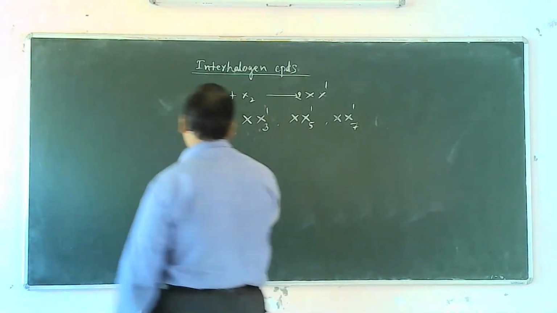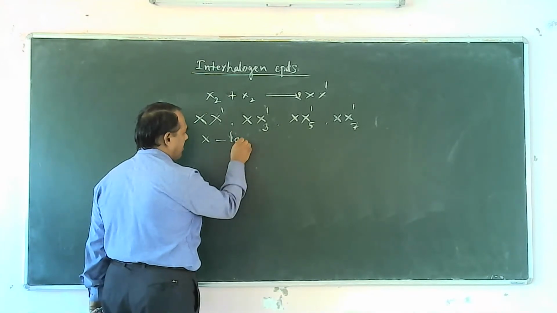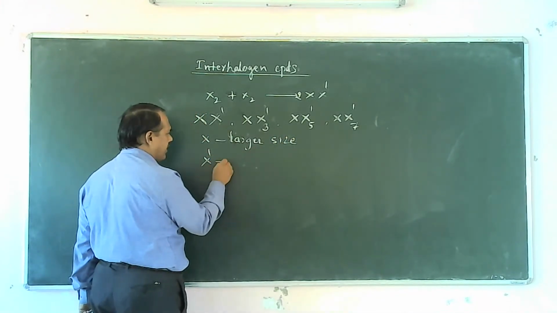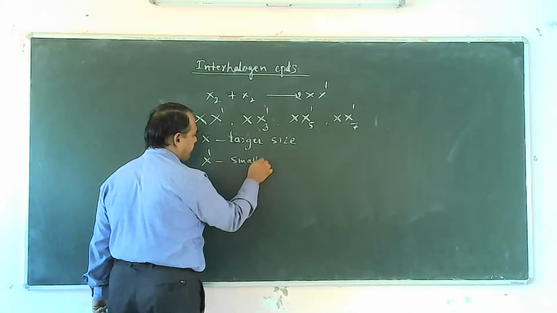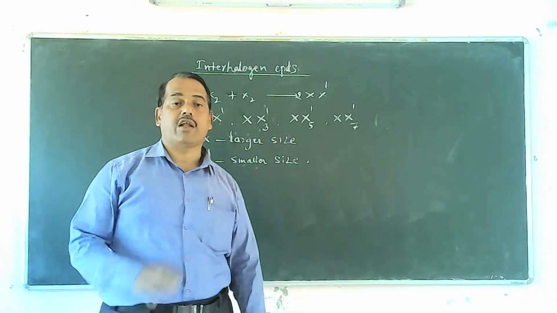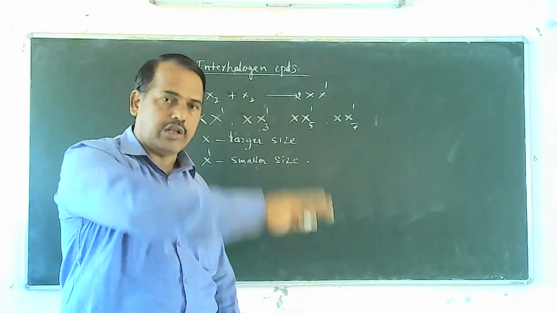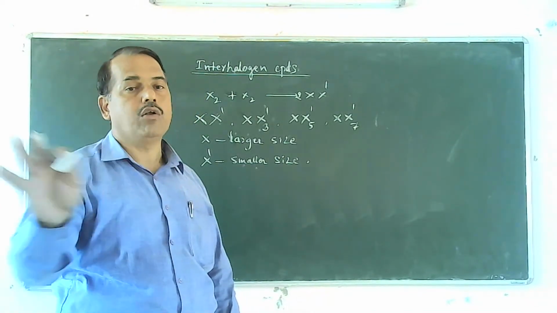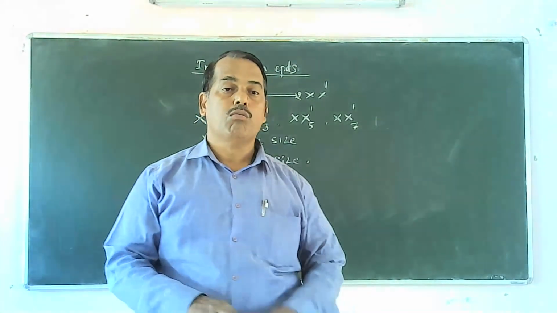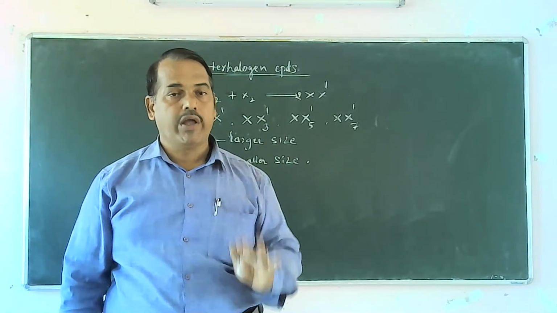Are you clear? X is a bigger or larger size halogen. What about X'? X' is a smaller size halogen. So what are the special characteristics of interhalogen compounds? Interhalogen compounds are more reactive than the respective halogens. Why?